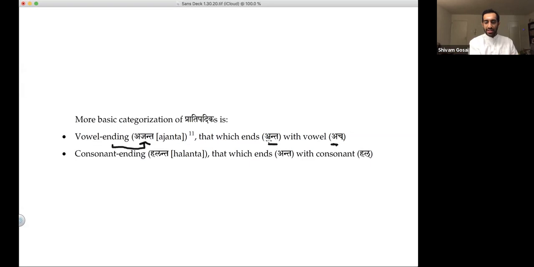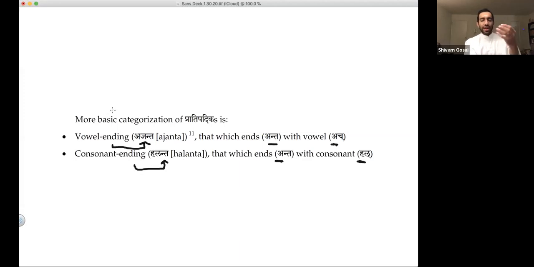Vowels are named ach. So we can divide pratipadikas into these two basic categories if we don't want to think too much: either vowel ending or consonant ending. Consonant ending is called halanta, that which ends anta with a consonant. The consonant is called hal. So halanta is consonant ending.